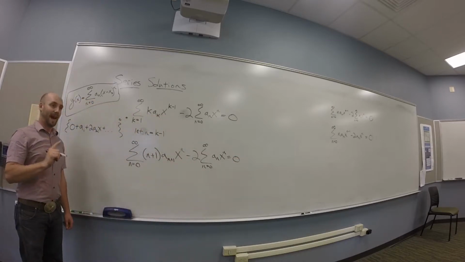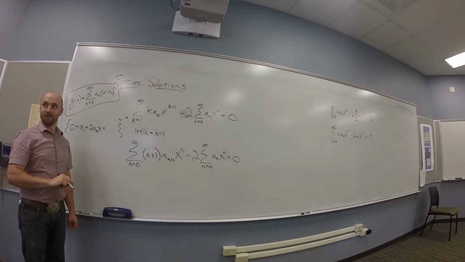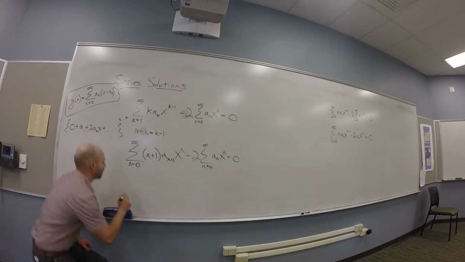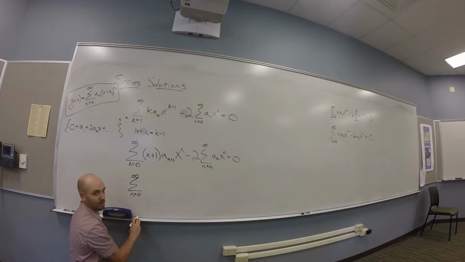Now I can stick these together. You see that? So now if I stick them together, I have the sum from n equals 0 to infinity. Good. That with you guys? You can put those together now just because they both have x to the n.